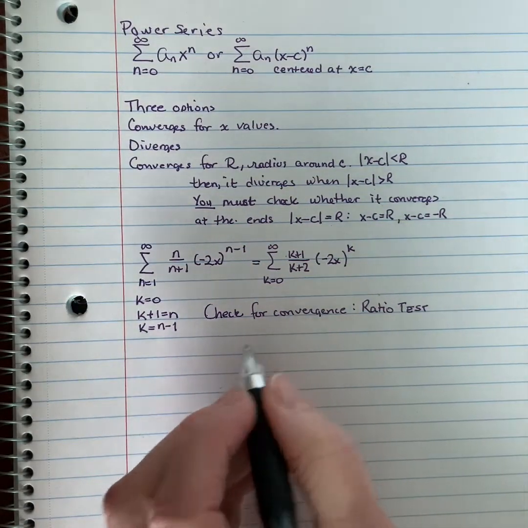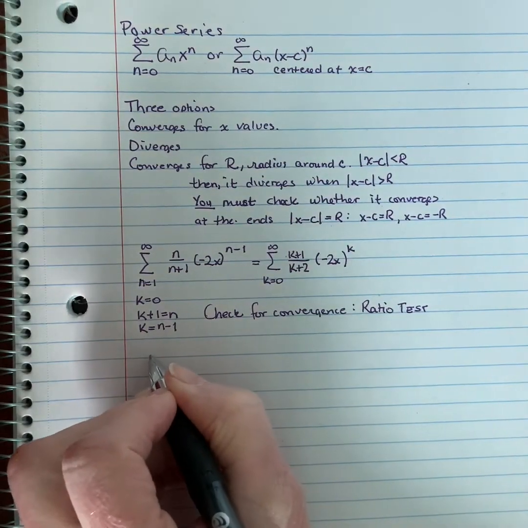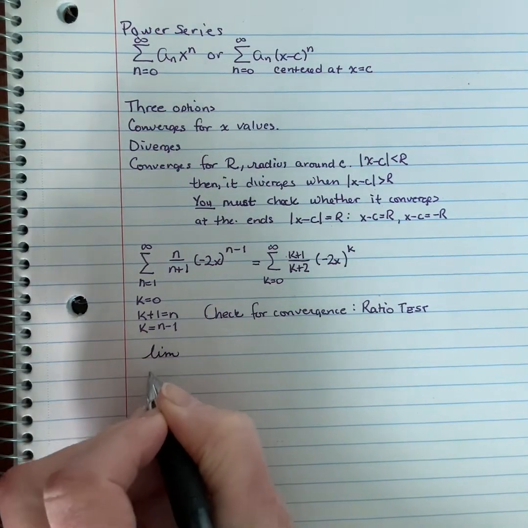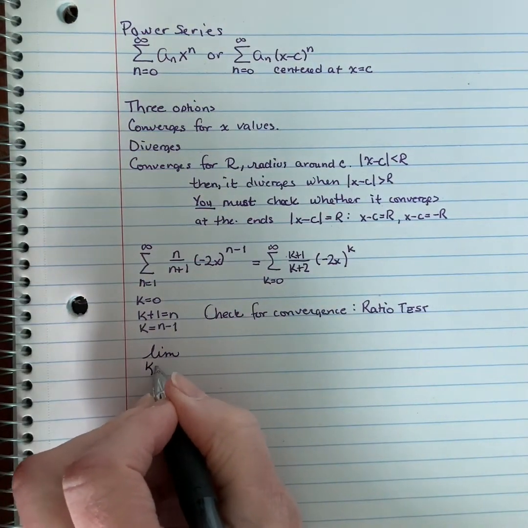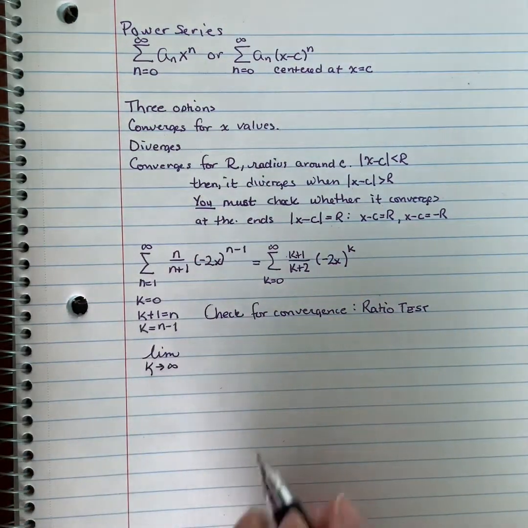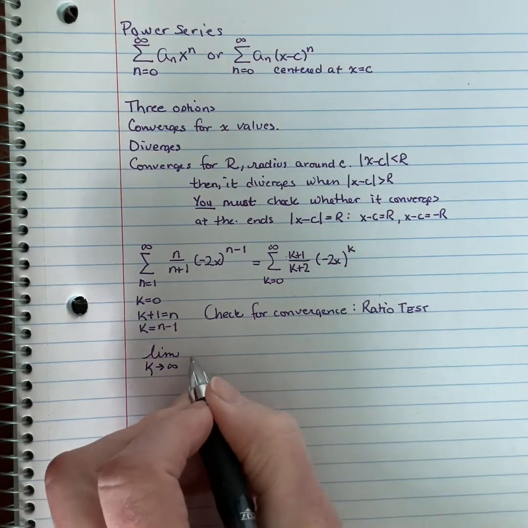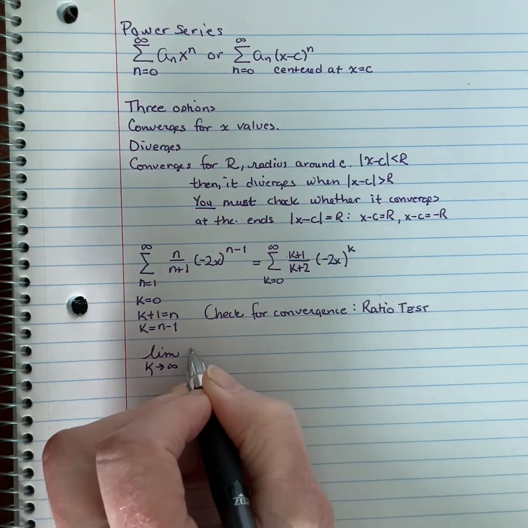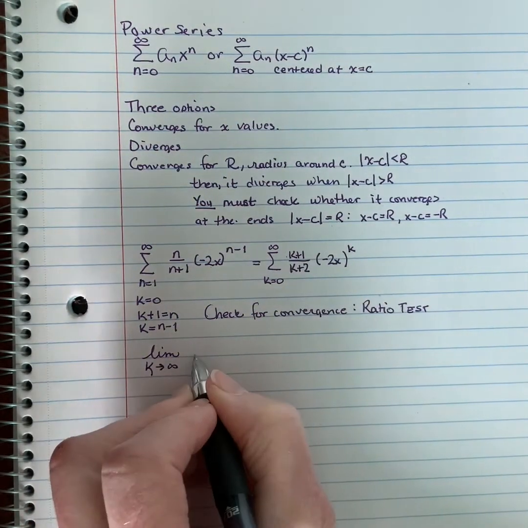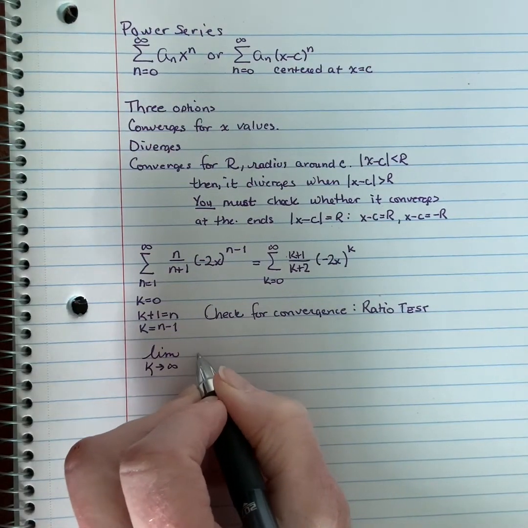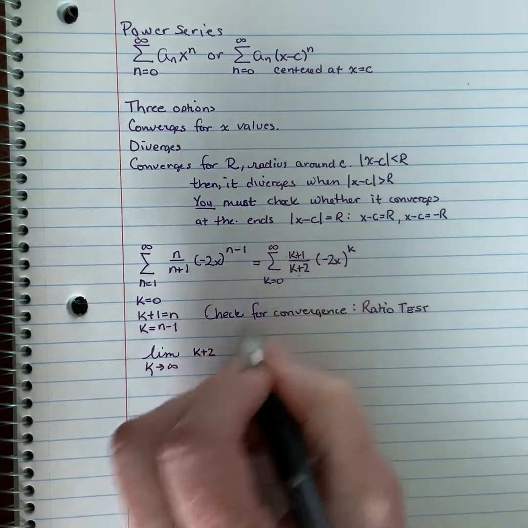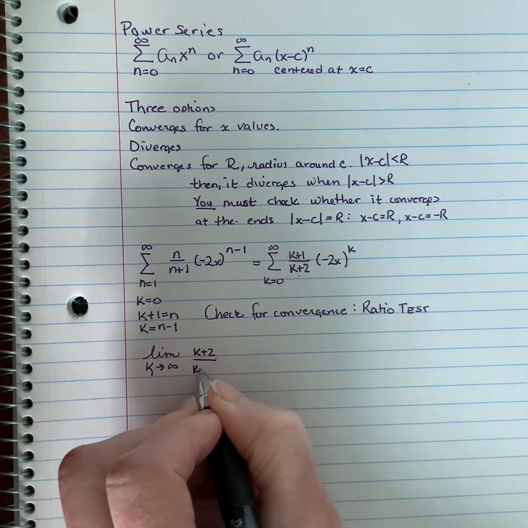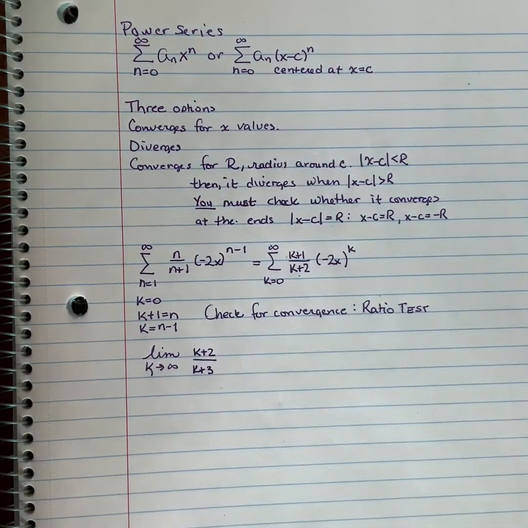What I want to do is I want to take the limit, and I'm going to use k here as k approaches infinity. I'm going to put this in here. Remember, the ratio test takes the next term, okay? So k plus 1, the next term is k plus 2. k plus 2, the next term is k plus 3.